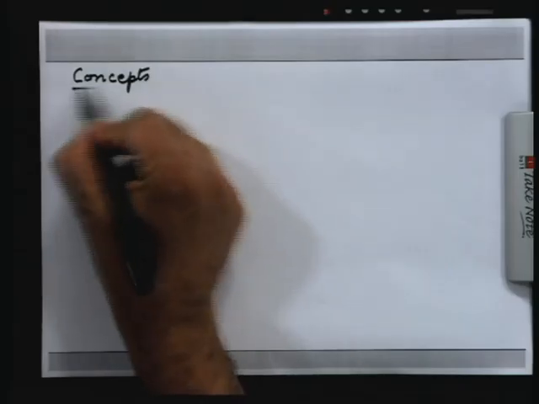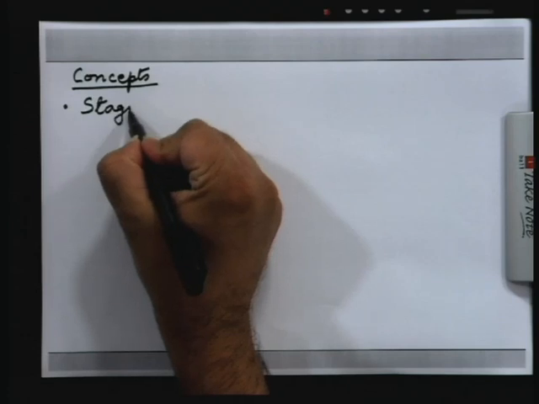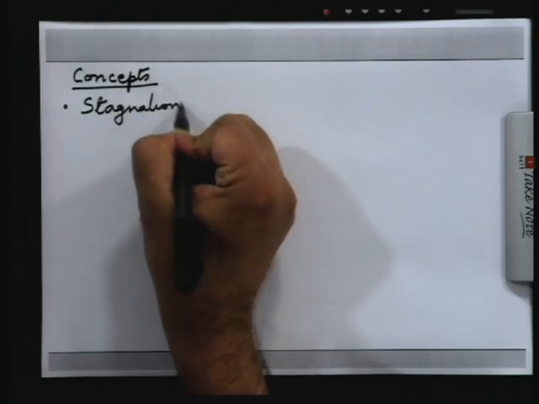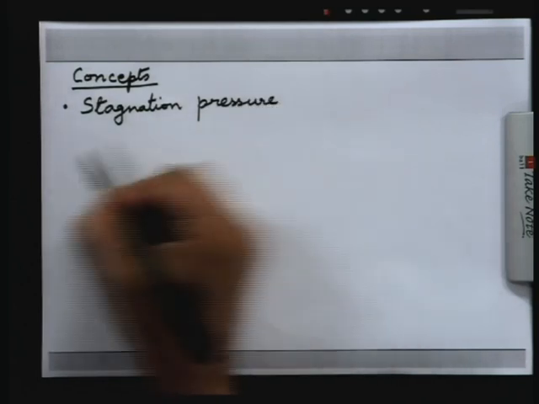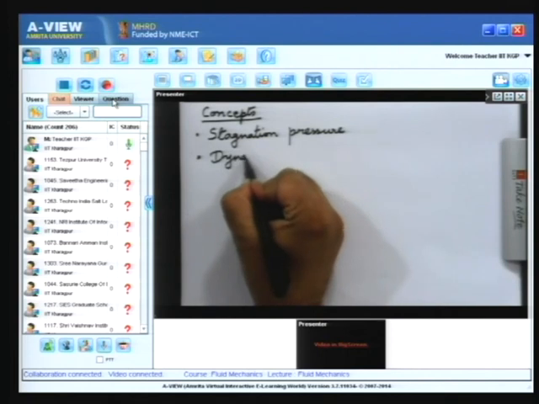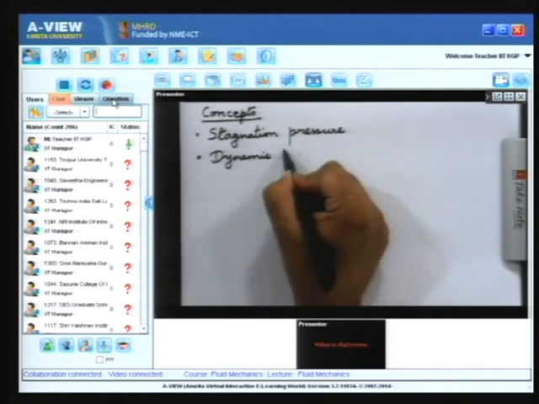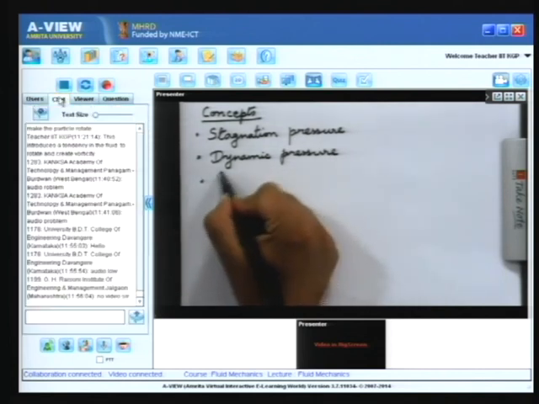So, we will look at now concepts of stagnation pressure, dynamic pressure, and static pressure.